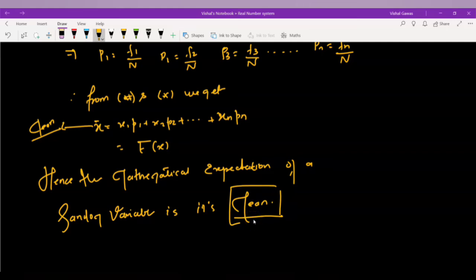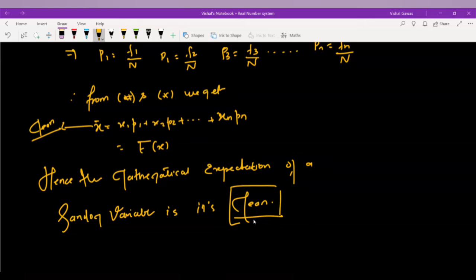What do we get? Mathematical expectation of a random variable is mean, isn't it? That's the idea of probability distribution, and there's a relation between mean and probability. I mean, mean and expectation.